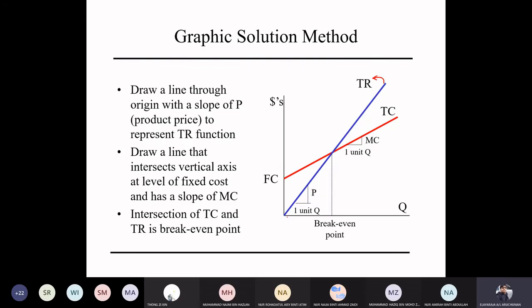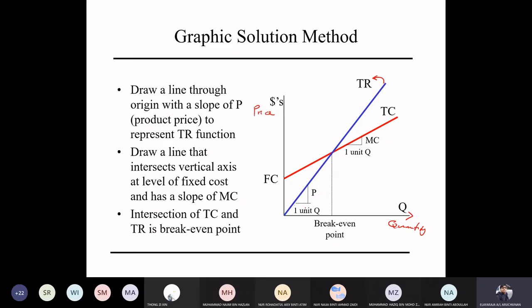So this is the price. This is your x-axis, the quantity of goods or product, and this is the price.